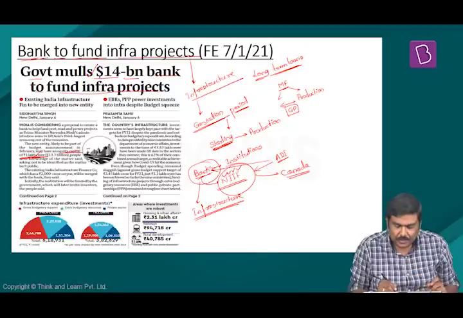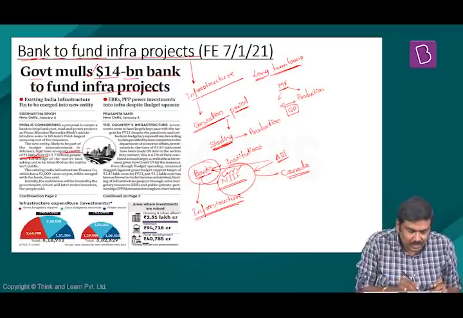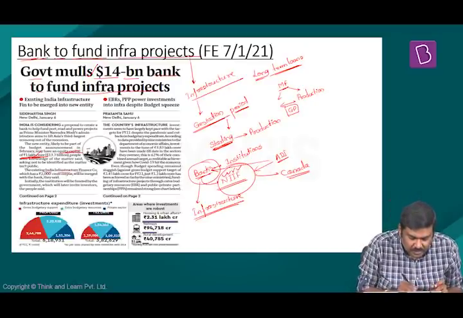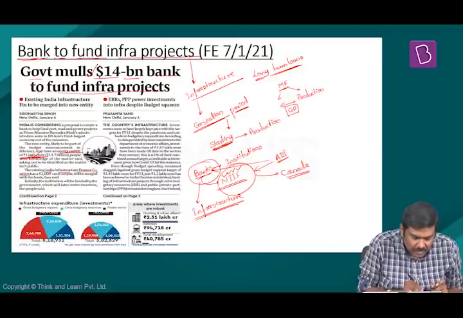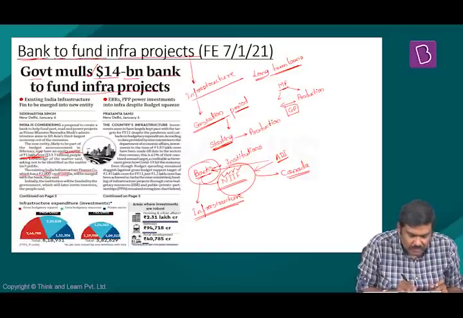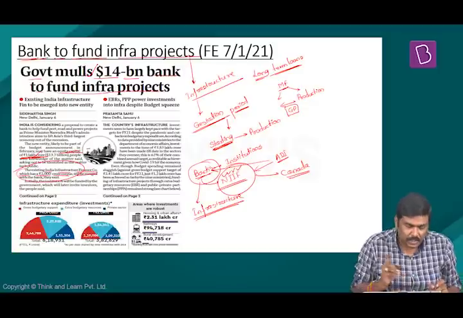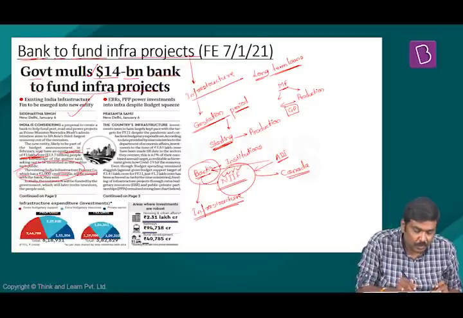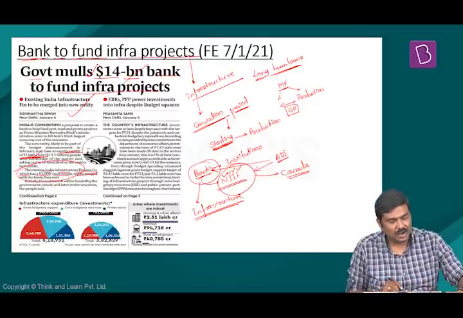And not only this, the Government of India stated that the existing India Infrastructure Finance Company, which has a 2000 crore corpus, will also be merged with this new bank. So these are certain important points mentioned in this particular article.